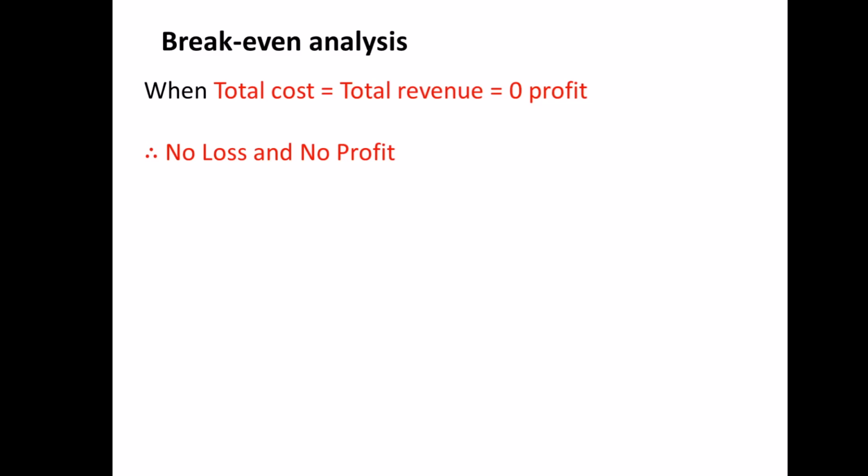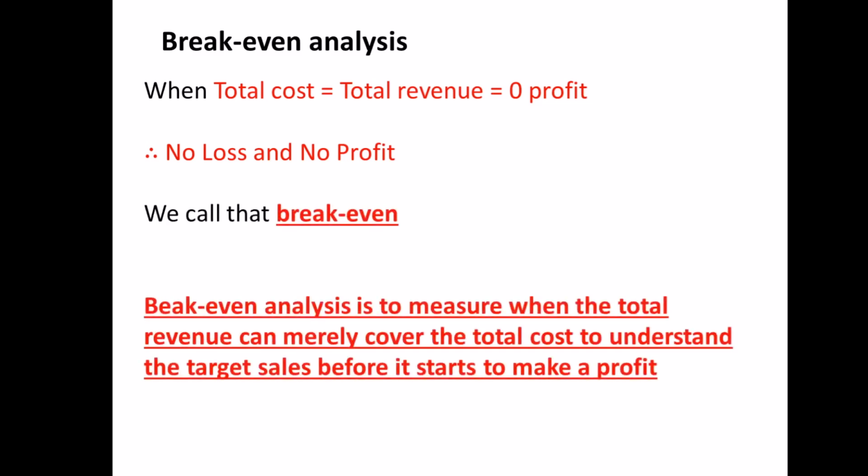That's the importance of break-even analysis: we try to find how much output we should produce or how much sales we should make in order to reach a break-even position. That's what we call a break-even. You had that before the Chinese New Year holidays, so I'm just going to skip this.